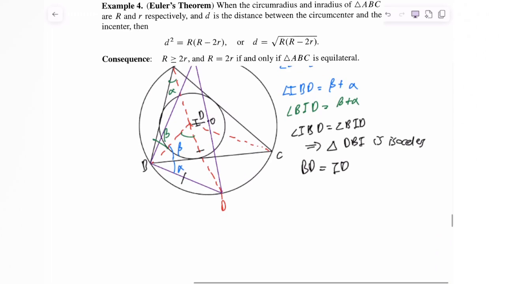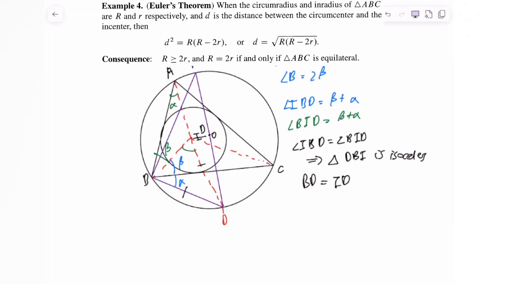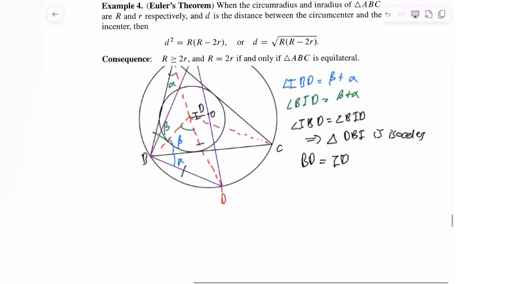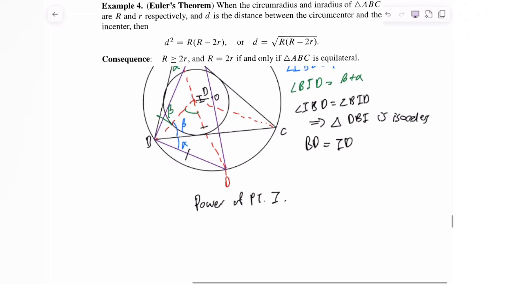And now we use the power of a point theorem, since right now we still haven't used it yet. Let's consider the power of point I. The power of point I is equal to R squared minus d squared.